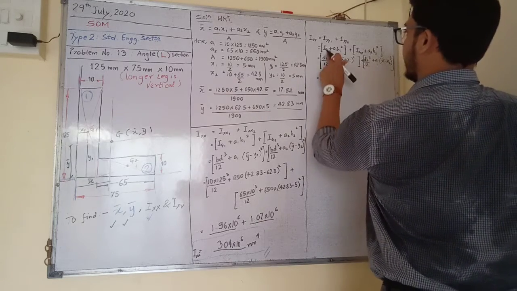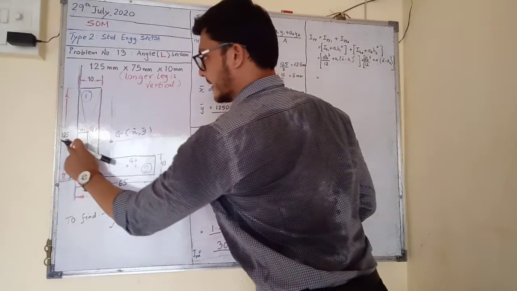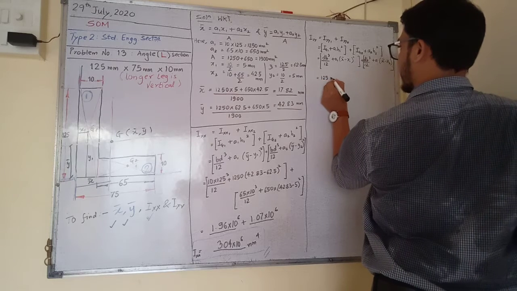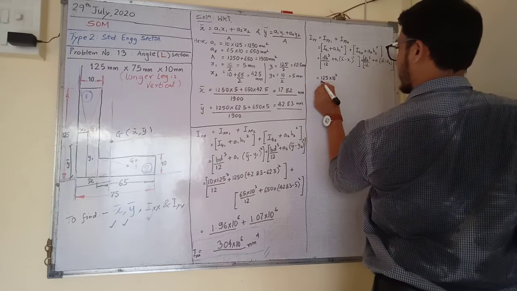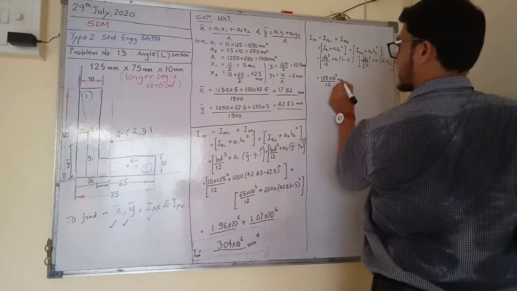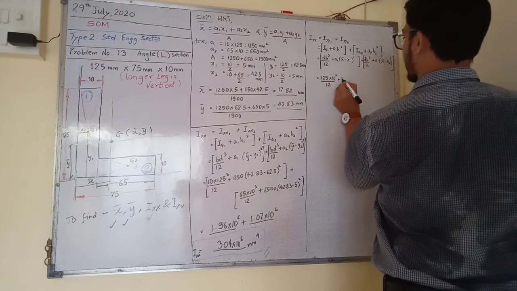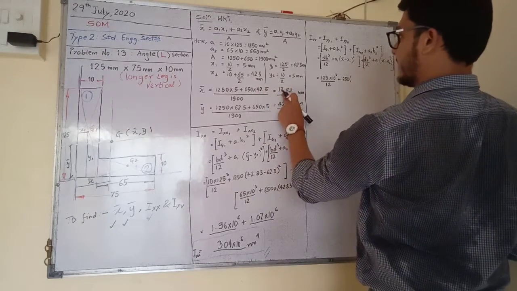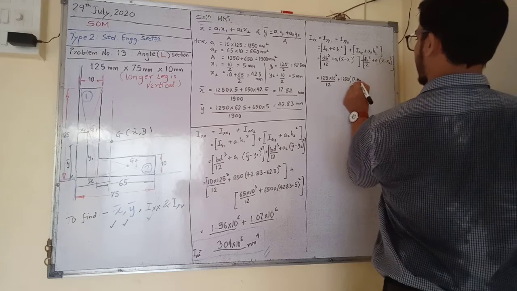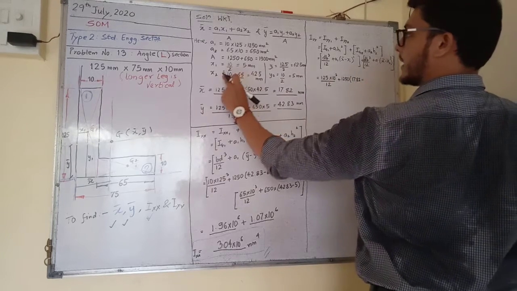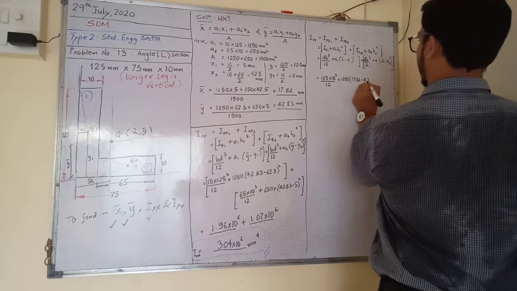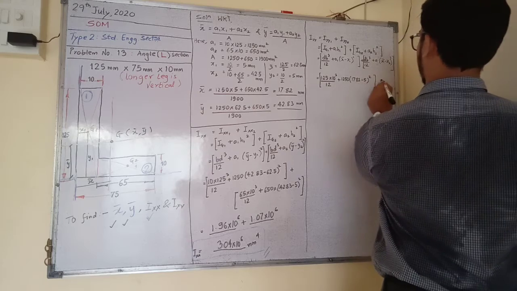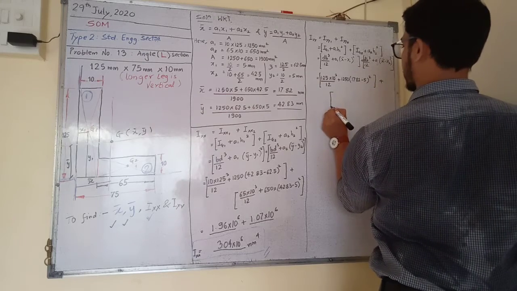So for first rectangle, D is 125, B is 10. 125 into 10 cube divided by 12 plus A1, which is 1250, into x bar minus x1. X bar is 17.82 minus x1, which is 5, the whole square. This is the first bracket plus second square bracket.